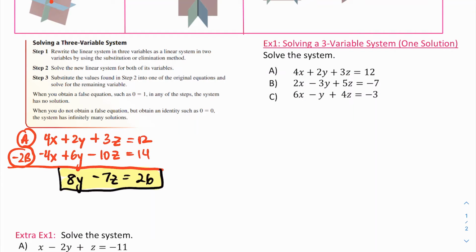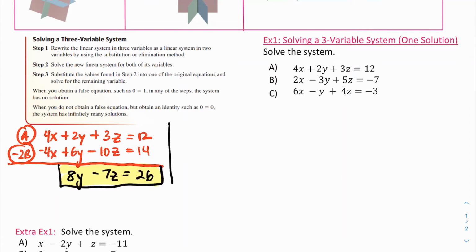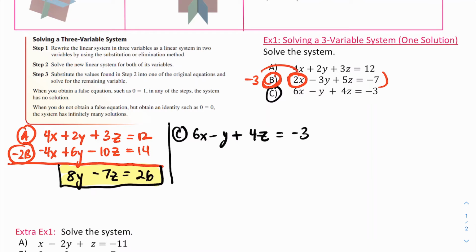And now I'm going to take equation C, exactly how it is. So 6x minus y plus 4z equals negative 3. And I'm going to multiply equation B by negative 3, because that will make that into a negative 6. So I'm multiplying this whole thing by negative 3.